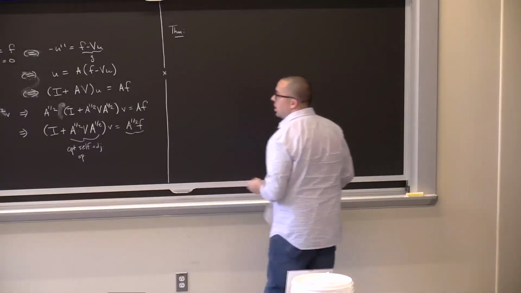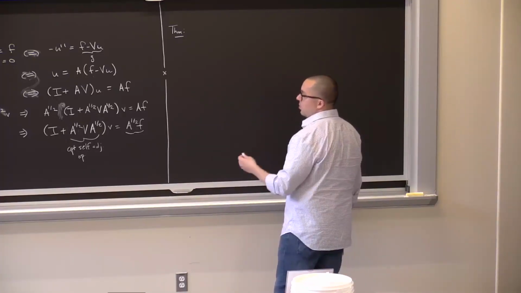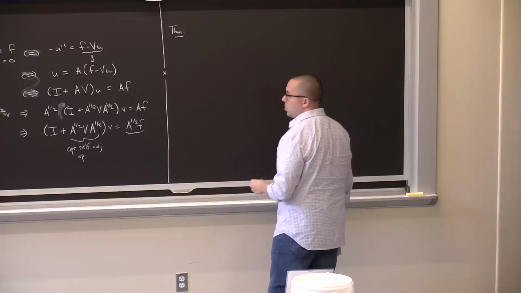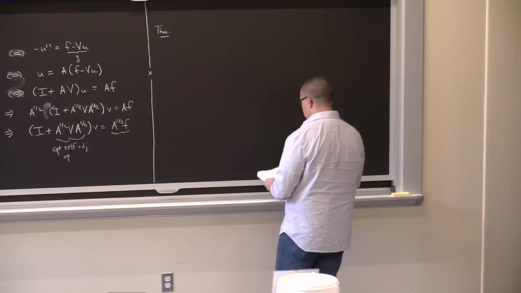When f is continuous, it's the unique twice continuously differentiable function whose second derivative gives me f and is 0 at the endpoints. But in general, it's this integral operator.